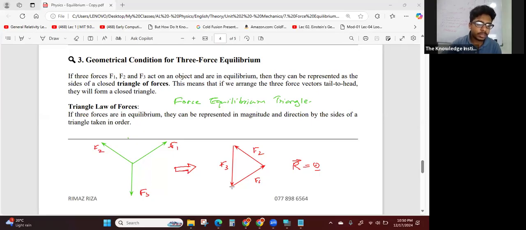According to the triangle of vector addition, if you take only F1 and F2, their resultant is given by the third side of the triangle, which will be in this direction. The resultant of F1 and F2 will be this.